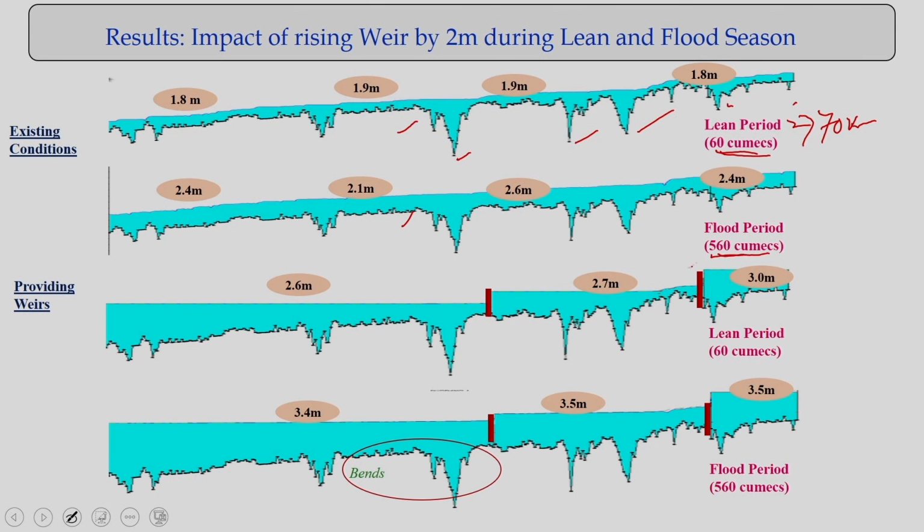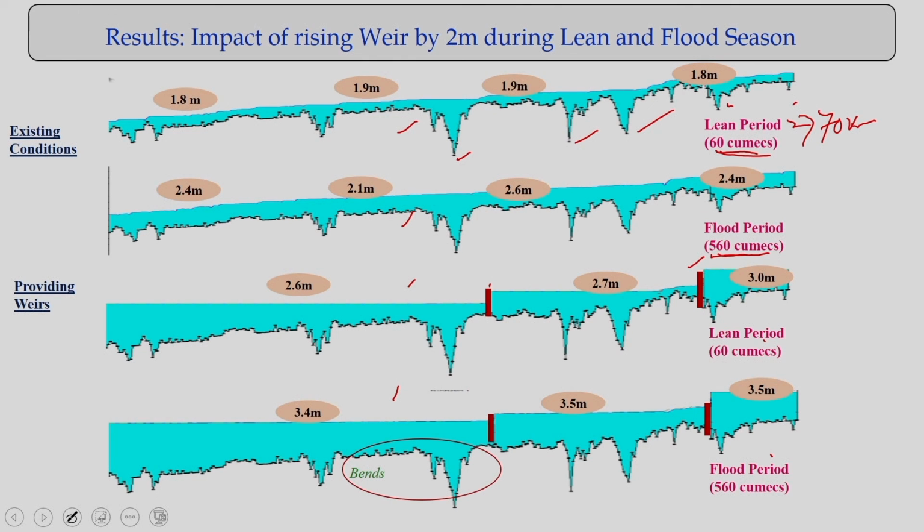If there is a barrage in the case of 60 and 560 cumec, with two barrages there, how the flows are happening. If you just look at these figures, the HEC-RAS models help us to know, if I have multiple reservoir structures, how the depth is increasing and where the depth is more and less.